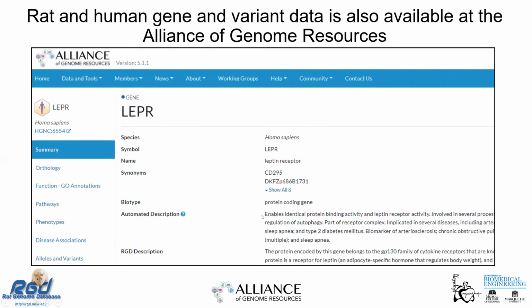The automated descriptions that we have at RGD are actually derived from the Alliance. We actually download these from the Alliance. So there's an algorithm that was developed at the Alliance that looks at the ontology annotations for the gene and the human ortholog, if you're talking about model organism genes.